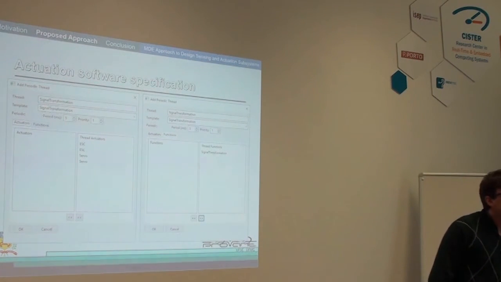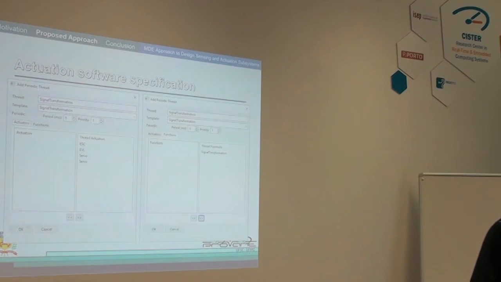Another thing that would be interesting to do in that case would be to automatically configure those parameters that currently you put in by hand, which are the periods and priorities of your threads.